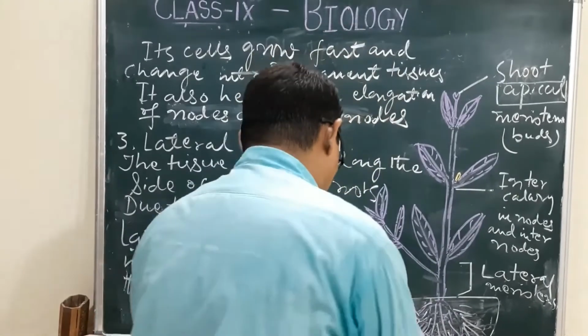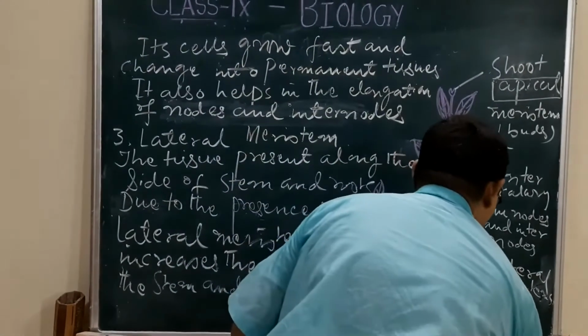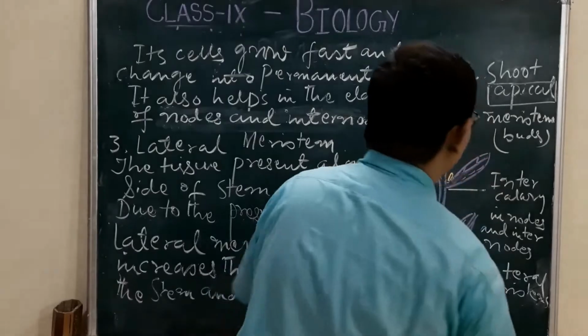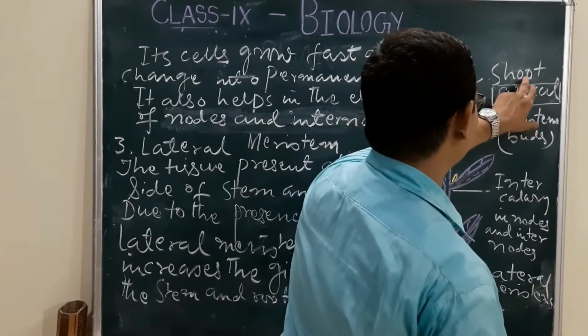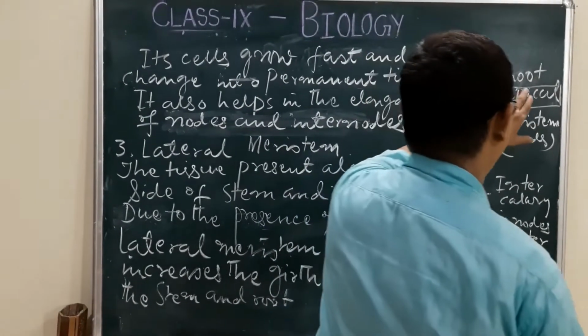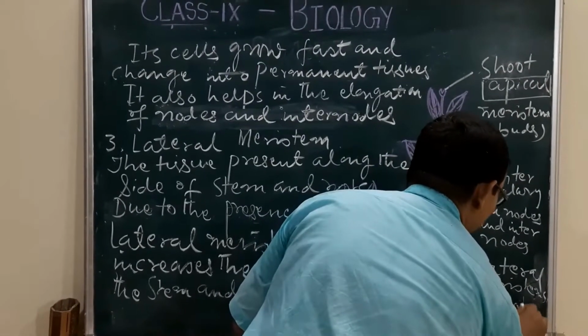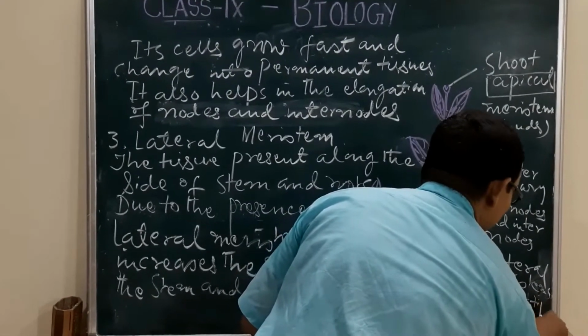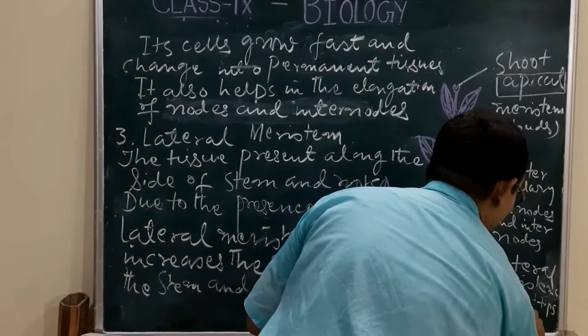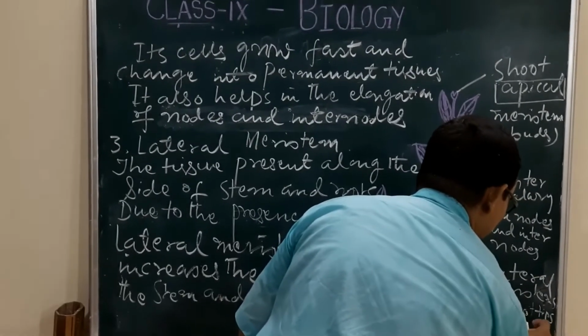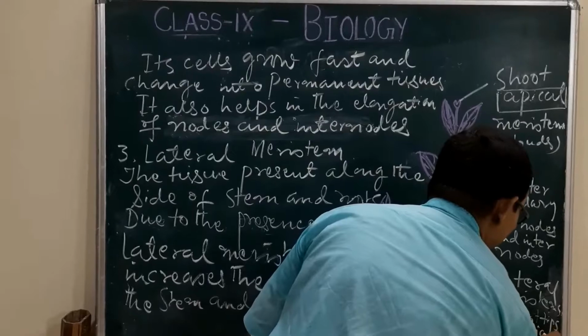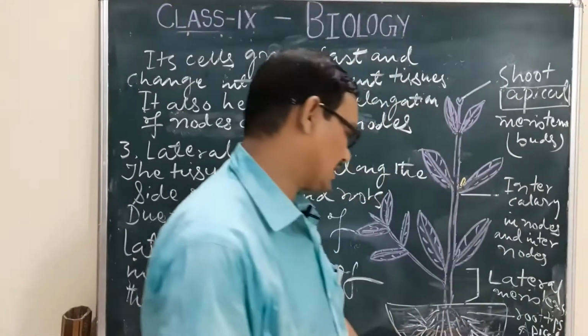Here, just as you have written shoot tips apical, you may also write the root tips, and here also apical meristem is present. Understand? Here also apical meristem is present.